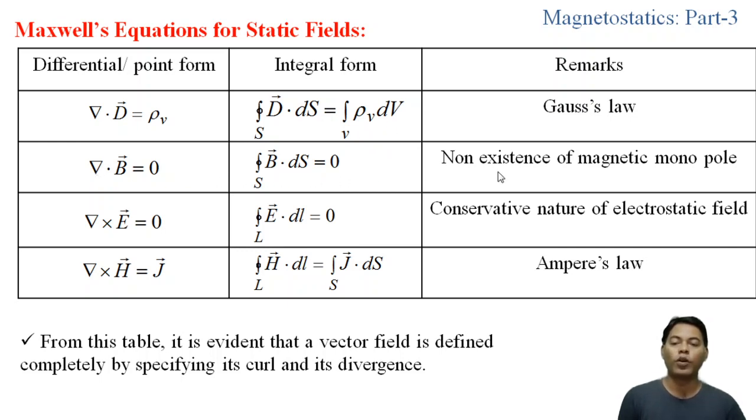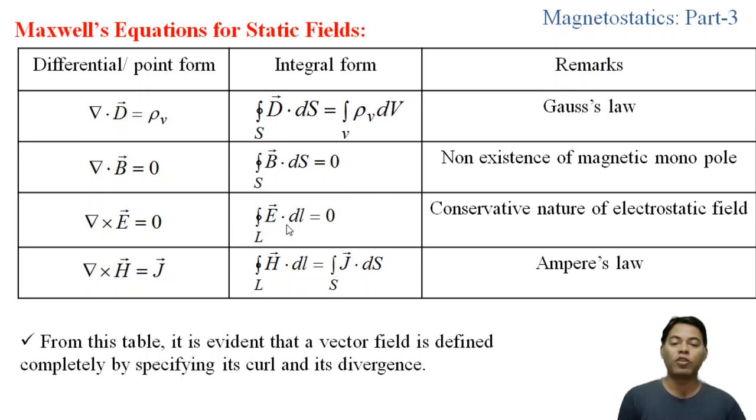In the second row, we just derived that grad dot B equals 0, or the integral form, the closed surface integral of B dot ds equals 0. From this we can say there is non-existence of a magnetic monopole, that is, it is not possible to have a magnetic monopole.